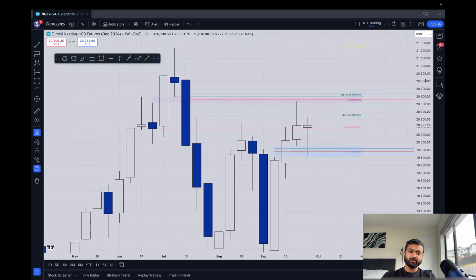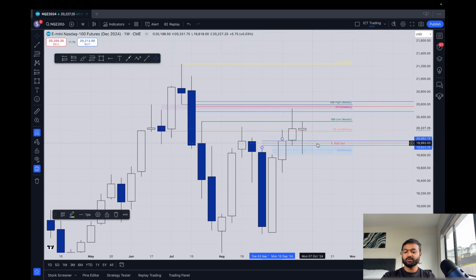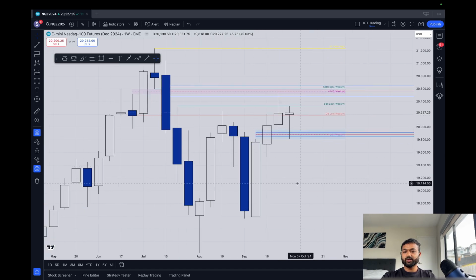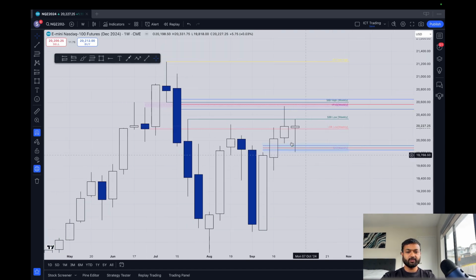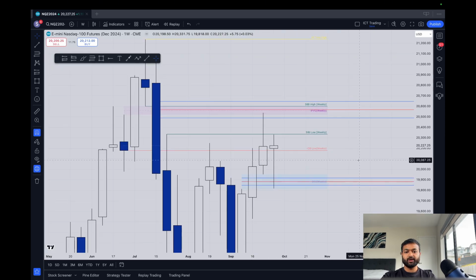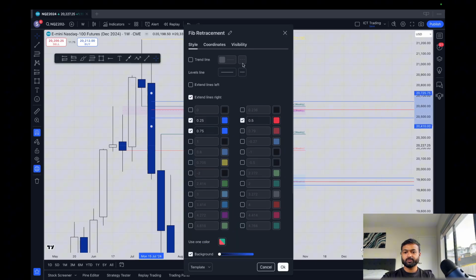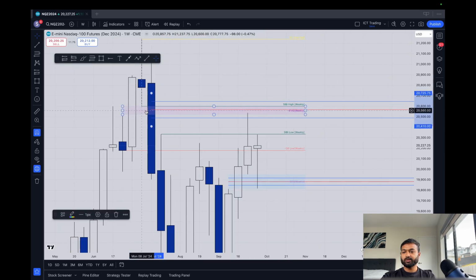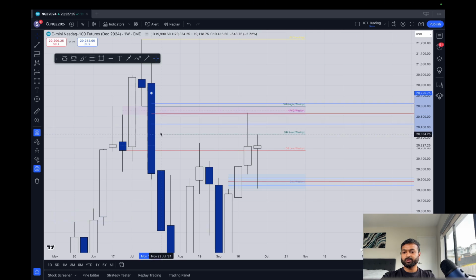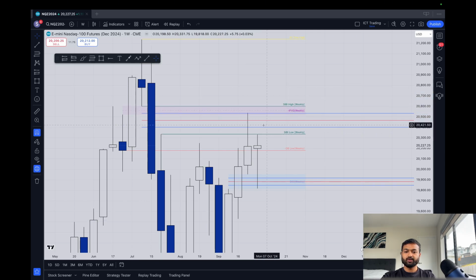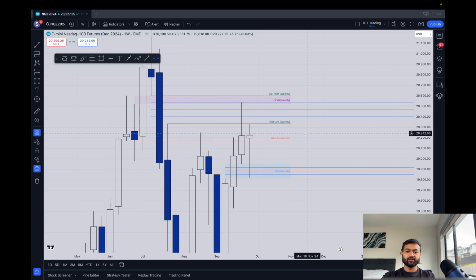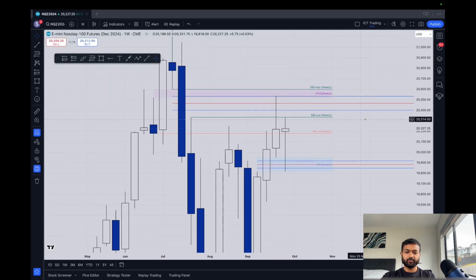So I'll just start with what I do on a weekly basis. This is my weekly chart, and you can see that I have marked a few levels. The all-time high I have marked. That was probably marked on the daily or stuck to the daily chart.